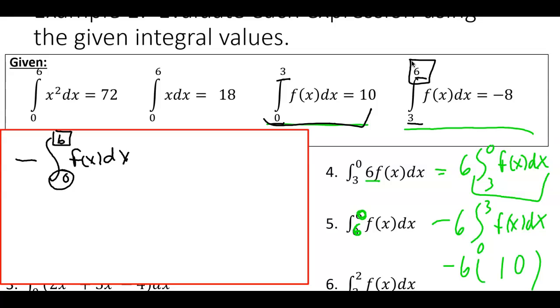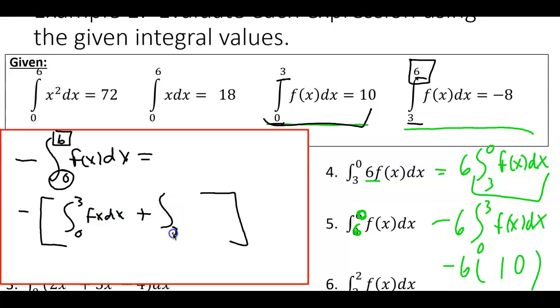So basically what I'm going to do then is split this up. I'm going from 0 to 3, but after that I'm going from 3 to 6. And that's that property, is it 5? Now notice I still have the negative here on the outside, and I put brackets on the outside.